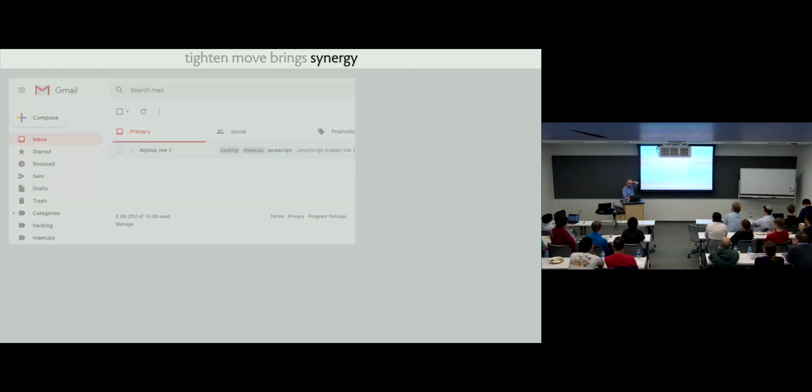What's really clever about Gmail, I don't quite have the slide I meant to have here, is that all of these different classifications are achieved by labeling. So whether a message is sent and whether or not it's in the trash is achieved by labeling.